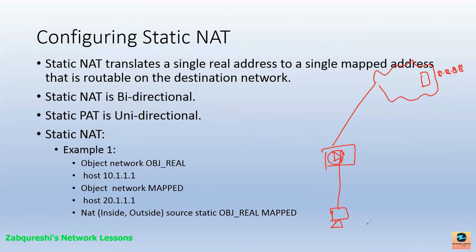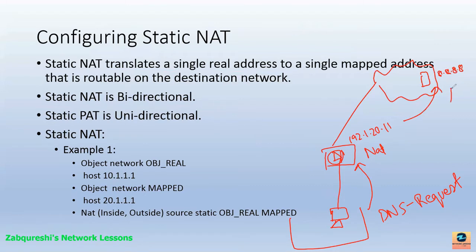So what happens is this has been initiated by my internal resource, like this packet. So I have a DNS request that has been created by my server. Once it goes outside, there is a dynamic NAT pool here, and it gets an IP from this pool, say 20 dot something, and it reaches the 8.8.8.8, and it replies back to this guy. And that's how the untranslation happens, and the internal user gets the return traffic.